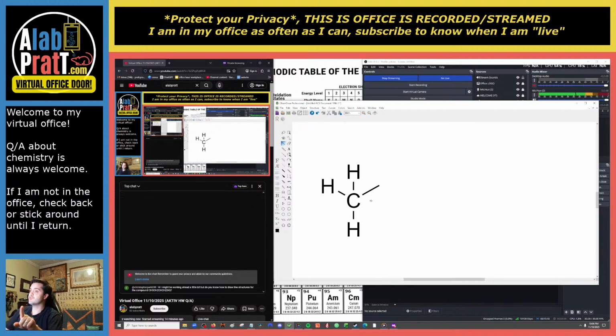So this CH3, I've got 3 bonds to the 3 H's, and then it's likely going to the next carbon. So the CH2, there's a C. Now I have 4 bonds to that first carbon in this chain. And then that is an H2, they're telling me. So that CH2 has 1 bond back to the CH3 carbon that came first.